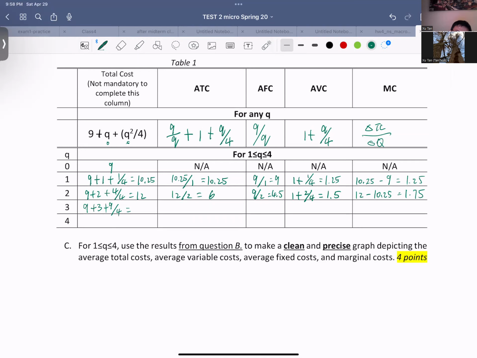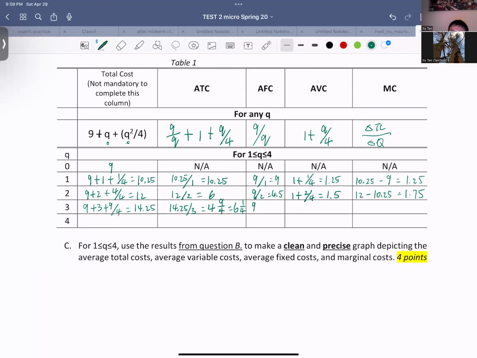This is 12 plus 2.25, 14.25. 14.25 divided by 3 equals 4.75.